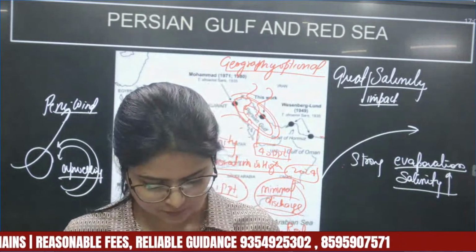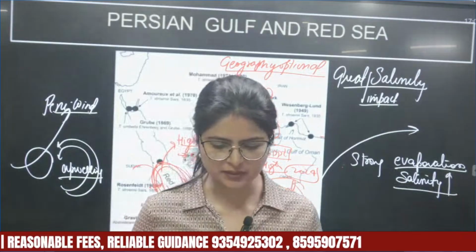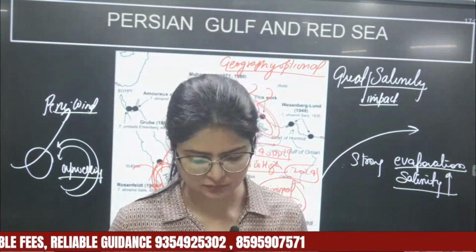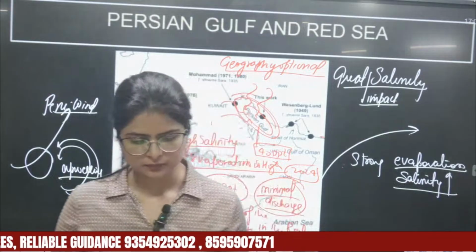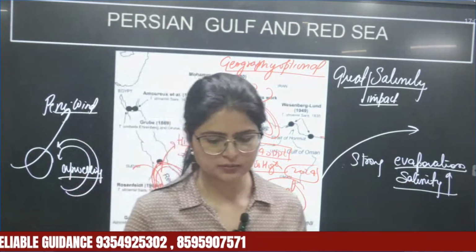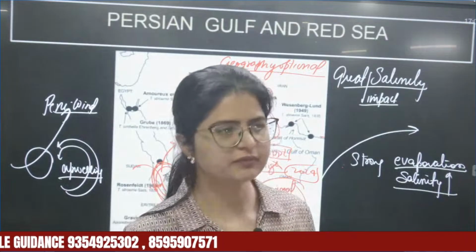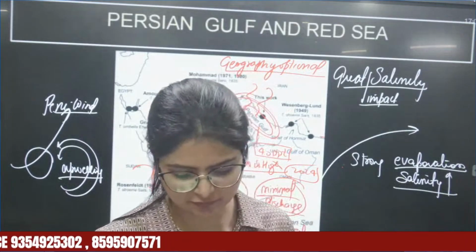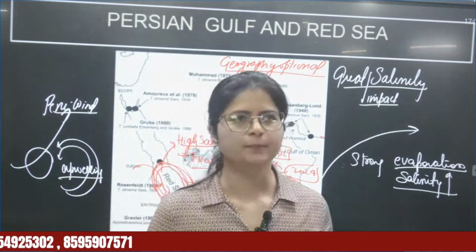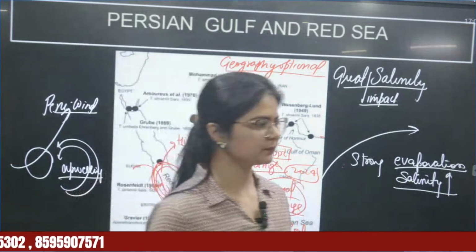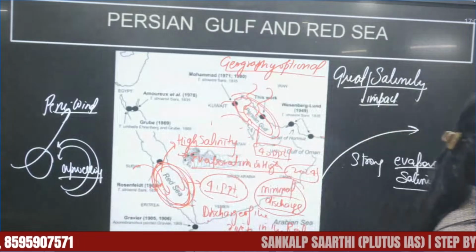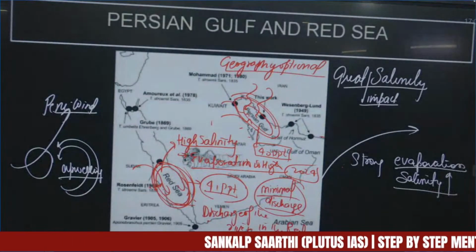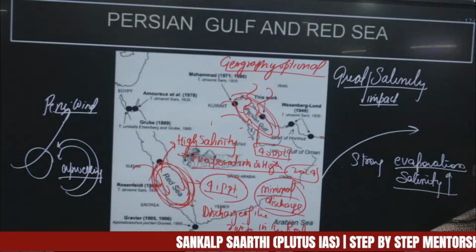In regions like the Arabian Sea, during monsoon season, strong winds cause significant evaporation, increasing salinity.